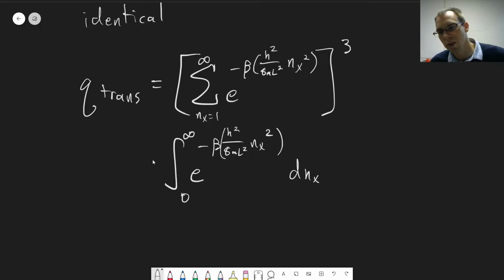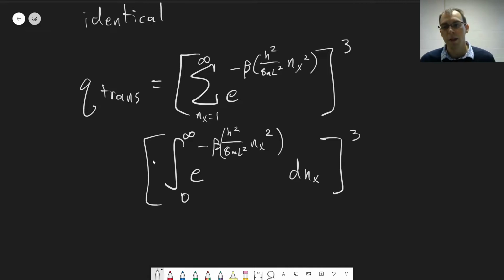So this integral, and then obviously all this needs to be cubed, is basically a Gaussian integral. This is something that has a definite answer. You could plug this into Mathematica and get a value out of it, whereas that's not true for the sum. And so if we can take the sum and approximate it as an integral, then we're good. We can actually evaluate that and look it up in a table.